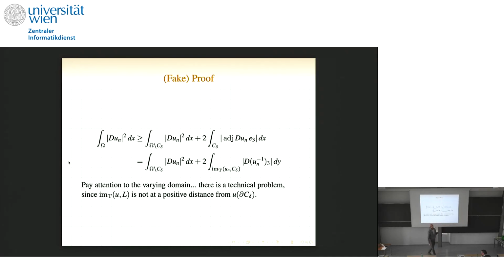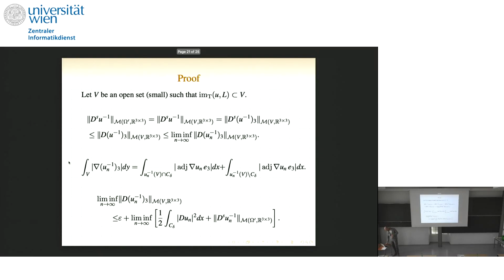In this case, it's not possible. It's not possible because you do not have good control of the distance from the boundary of the cylinder. This is a phenomenon that you can also see when the growth is larger than 2. When you work in the deformed configuration, there is always the risk of a pinch, so you cannot really control how this object changes along the sequence. So here you have to be a bit more precise, but okay, this is technical. If you are interested, then I can show you the real proof.